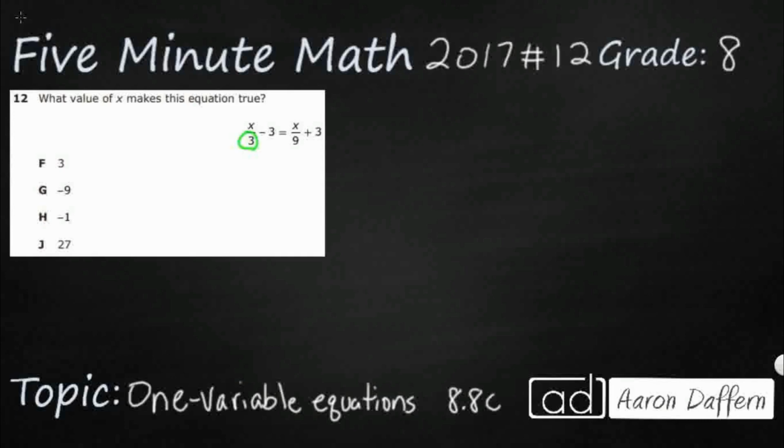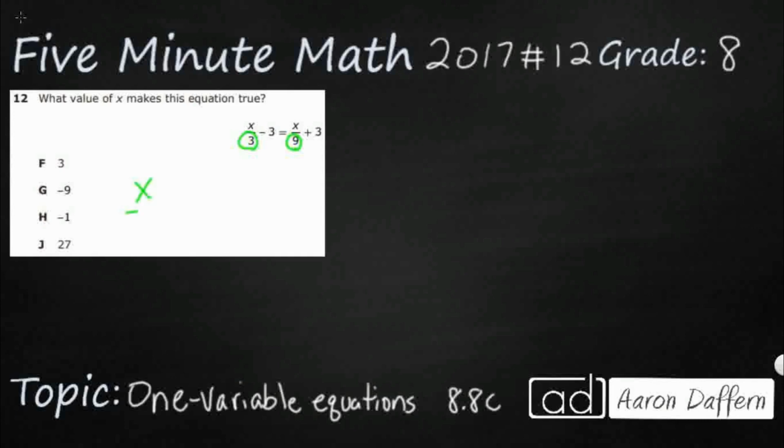So I've got x divided by 3, and I've got x divided by 9, because that's what fractions are. They're just division problems that you haven't finished. And so we need to think of inverse operations. The opposite of division is going to be multiplication. So what can I multiply by both of these to cancel out my denominator?